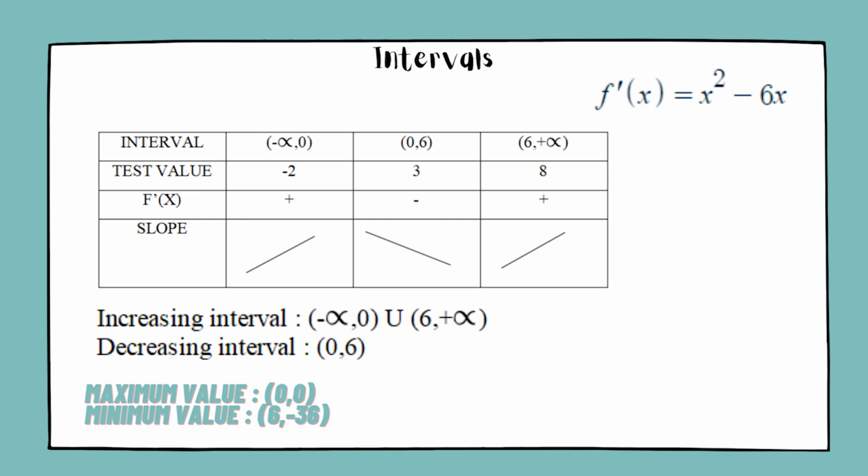After we have received all the signs from our test values, we can draw the slope depending on the sign value we get from f prime. From that, we get the increasing interval, which is negative infinity to 0 union 6 to infinity, and the decreasing interval, which is 0 to 6, by looking at the slope.